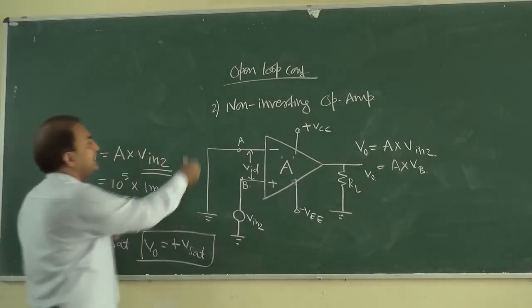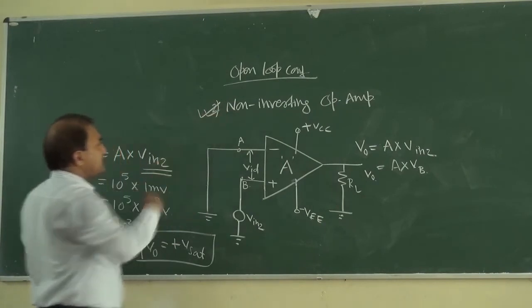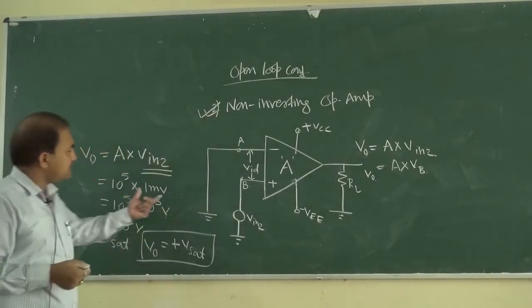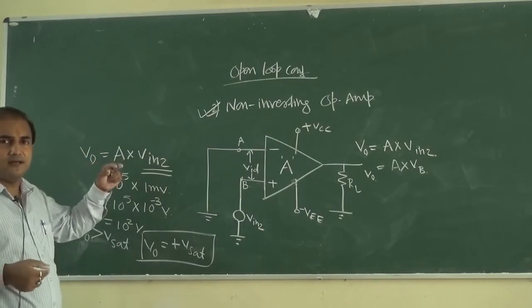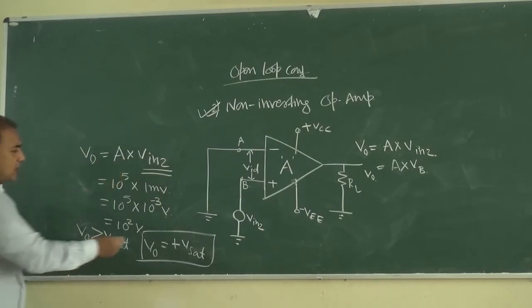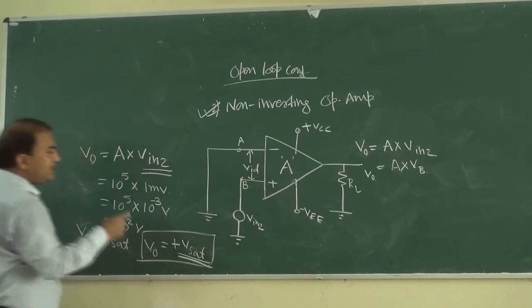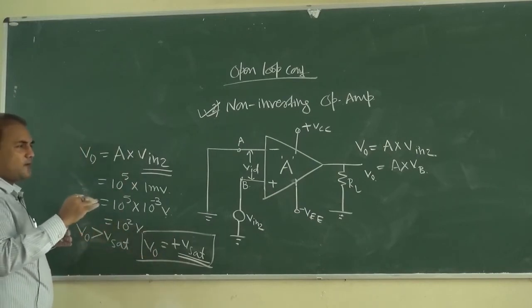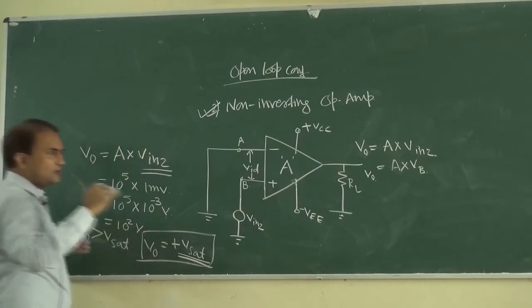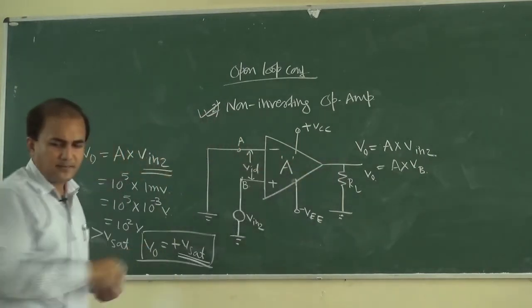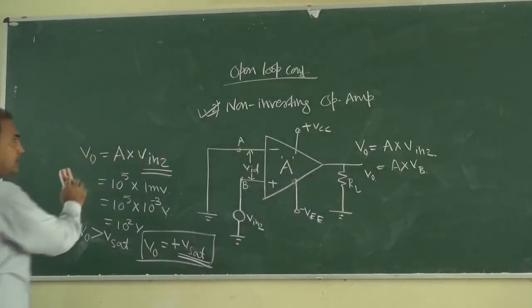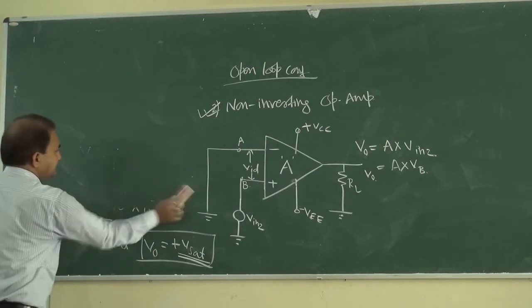And here, in case of non-inverting operational amplifier, for a very small input voltage it goes to saturation, means it goes to plus Vsat. So the output voltage goes to saturation for a very small input voltage. This is all about non-inverting operational amplifier.